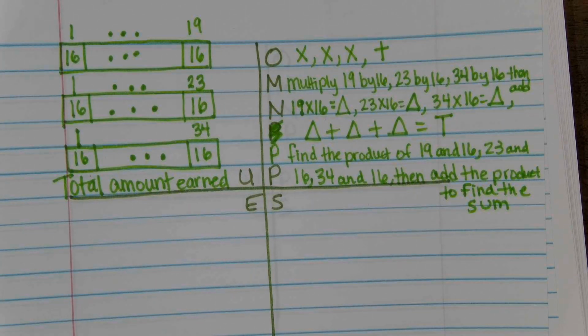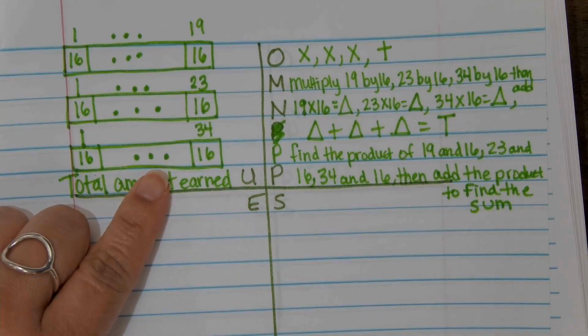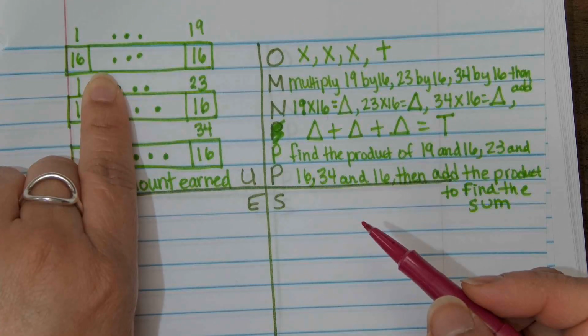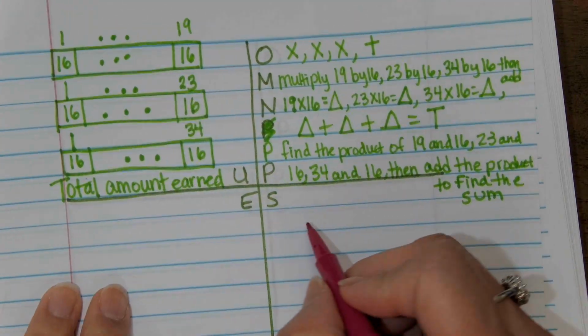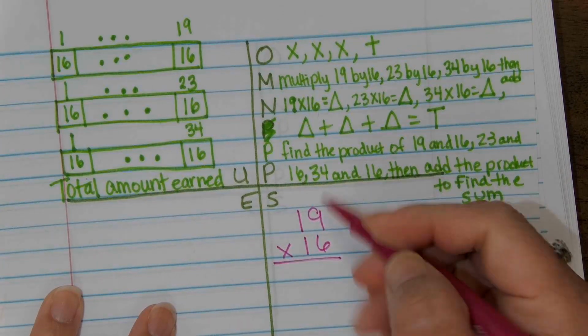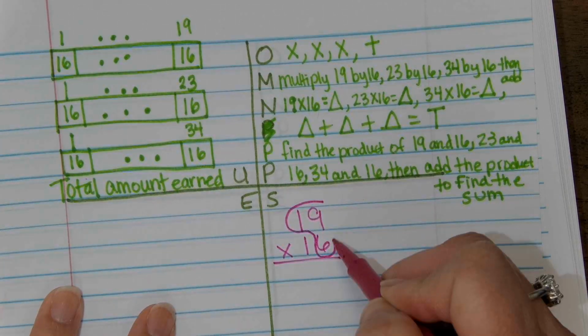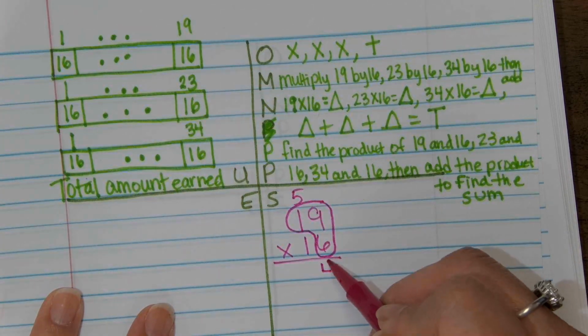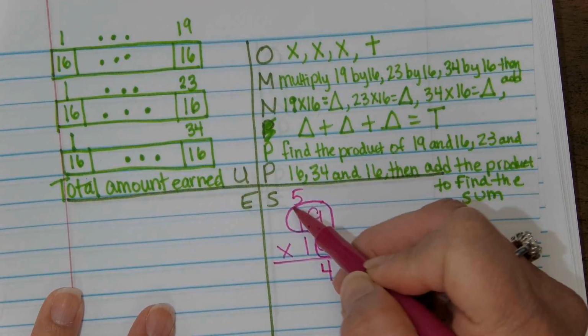Okay, so we said that we were going to multiply. So let's go ahead and multiply. The first one is 19 times 16 because I have 19 groups of 16. So 19 times 16. And let's multiply our 1. 6 times 9 is 54. 6 times 1 is 6.